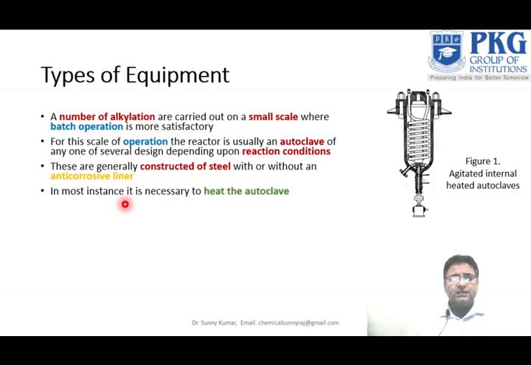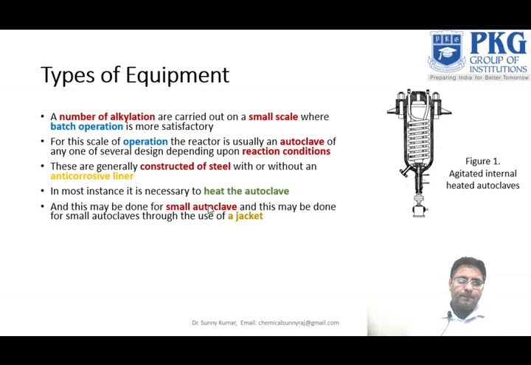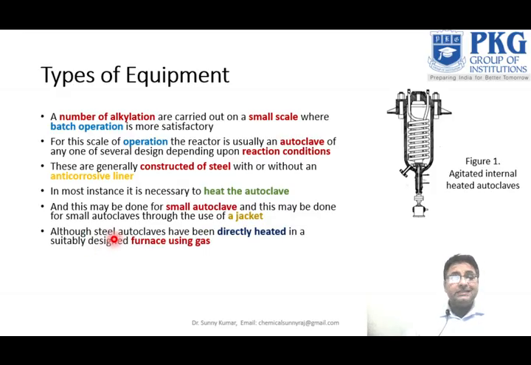In most instances, it is necessary to heat the autoclave, and this may be done for small autoclaves through use of a jacket. So the surrounding is a jacket. Although steel autoclaves have been directly heated in a suitably designed furnace using gas, the thermal conductivity of the material is also a very important parameter.